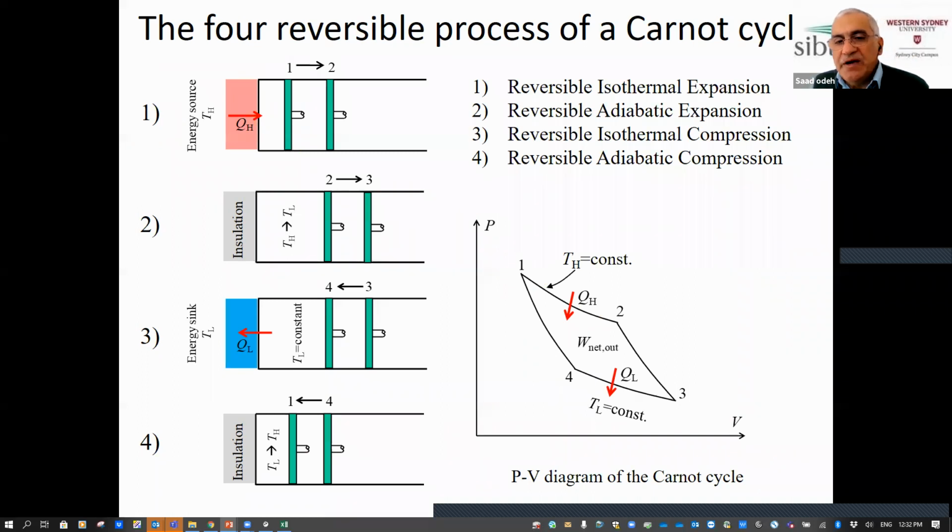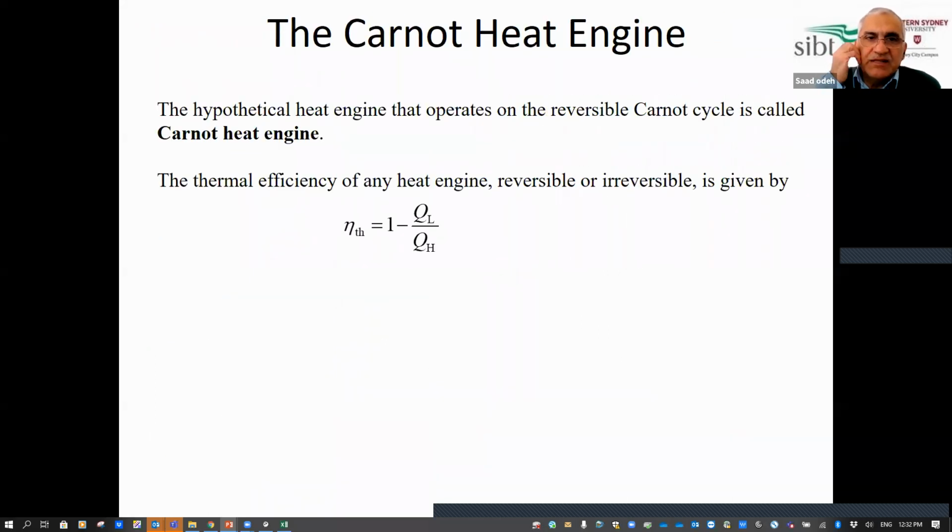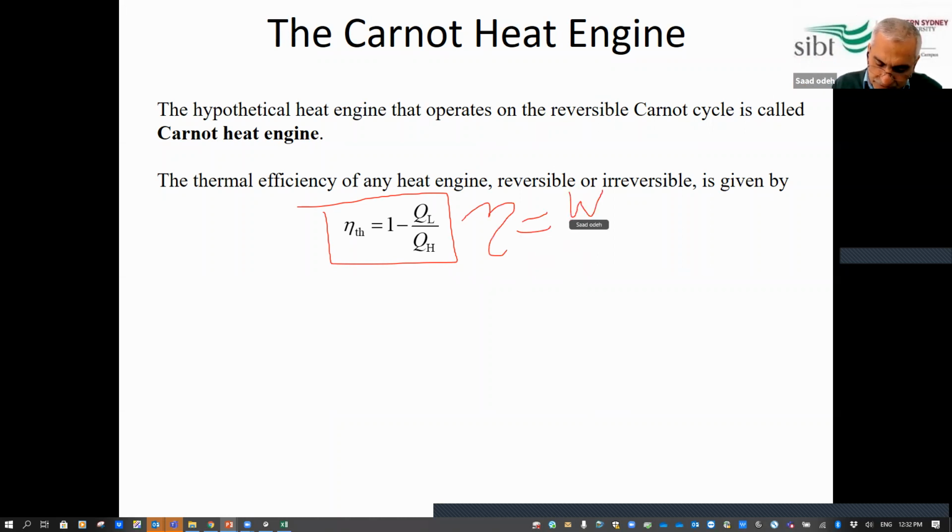And we're going to compare our efficiency with this efficiency every time. But to find the Carnot engine efficiency, we'll refer to the same definition of thermal efficiency. And we said before, the thermal efficiency is this equation. Remember, this equation comes from output divided by input, correct?